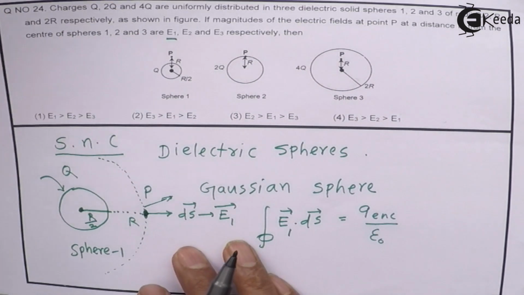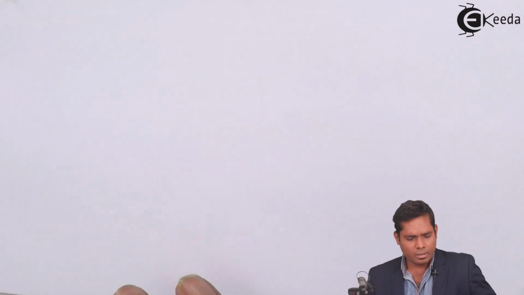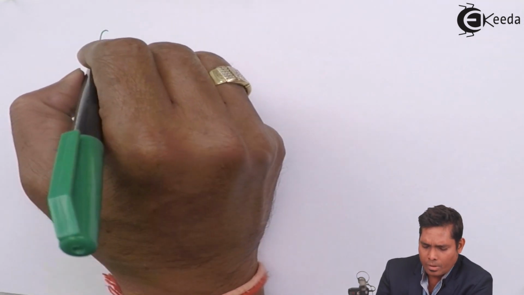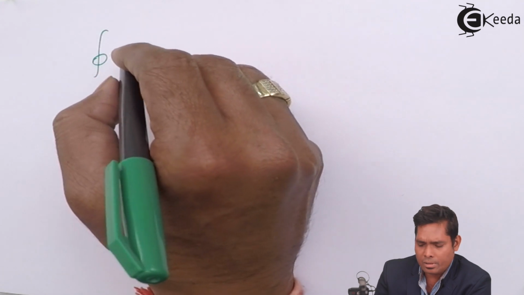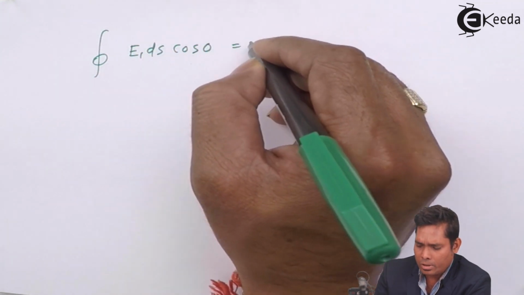Proceeding further, the integration of E1 ds cos 0 equals Q enclosed divided by epsilon naught.